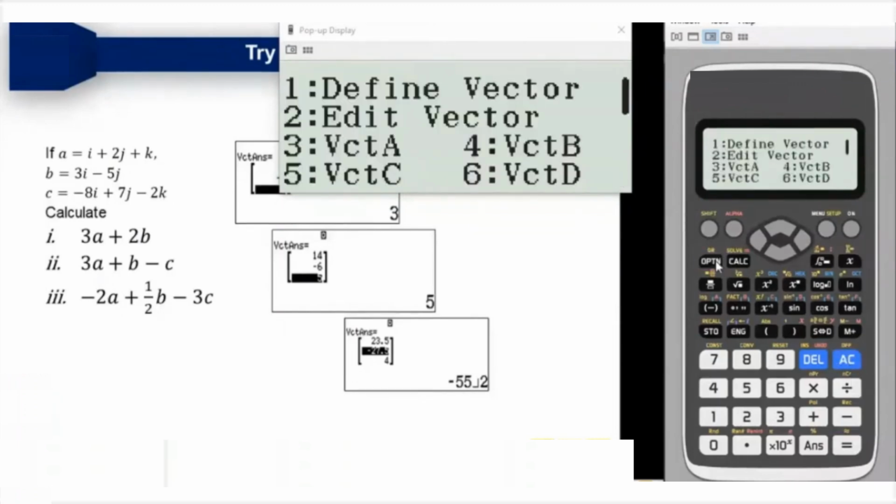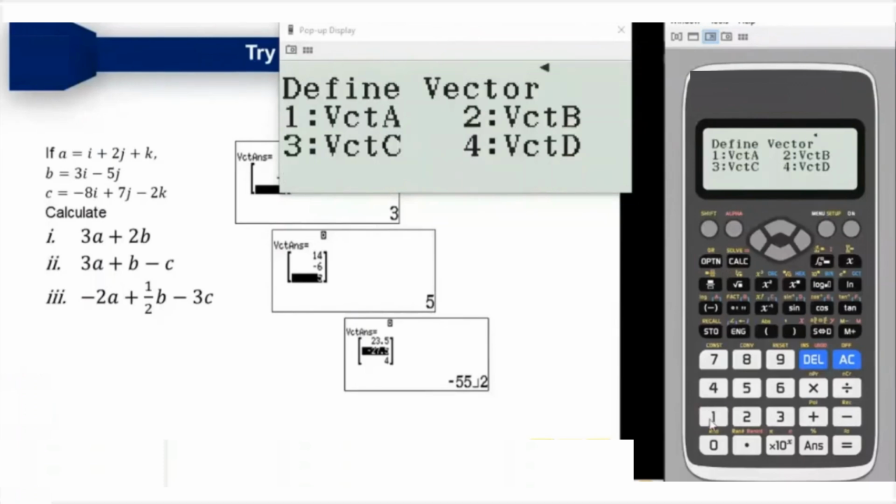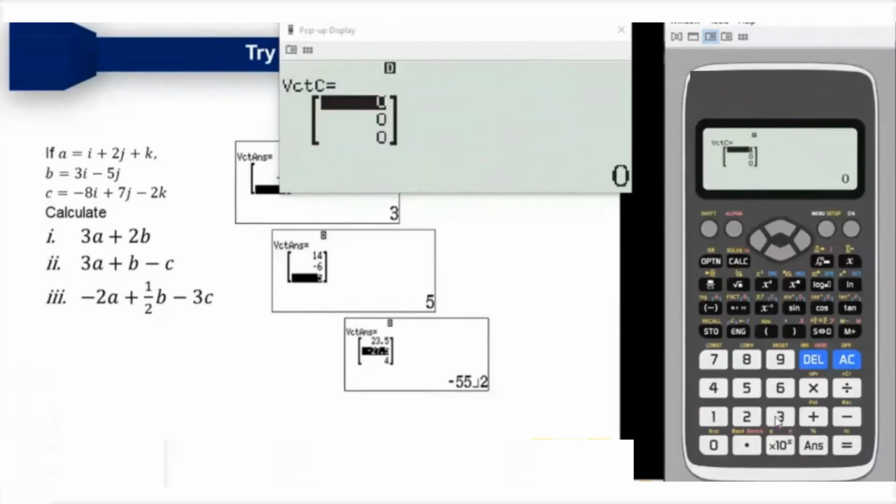Now I will press option and define vector C, which is also three-dimensional, and this is minus 8 is equals to 7 is equals to minus 2, that is minus 8I plus 7J minus 2K. I hope I am very clear.